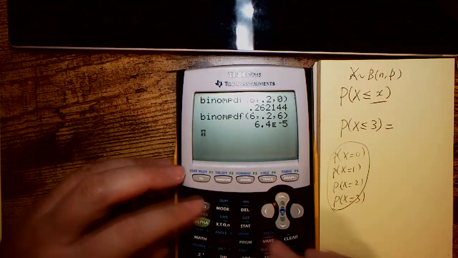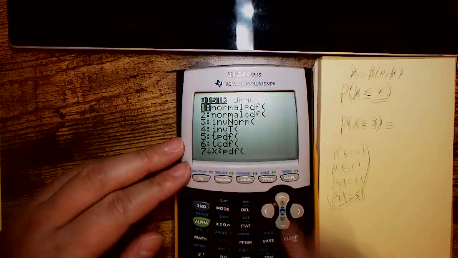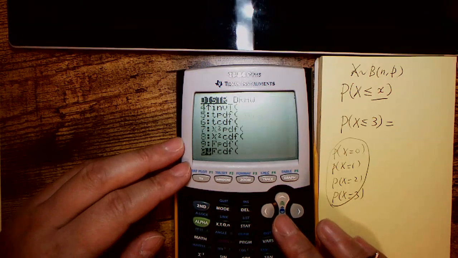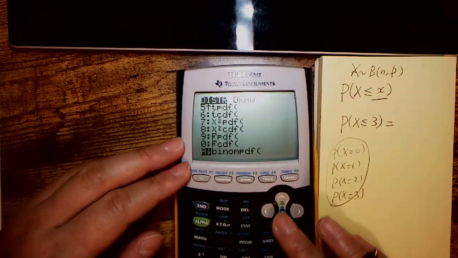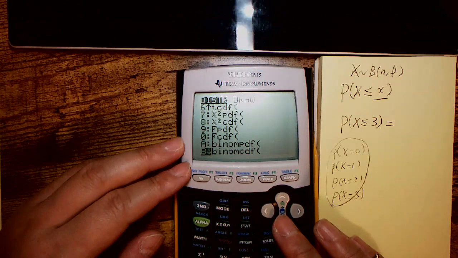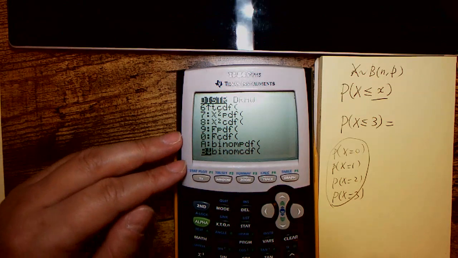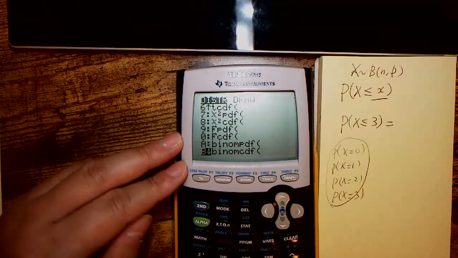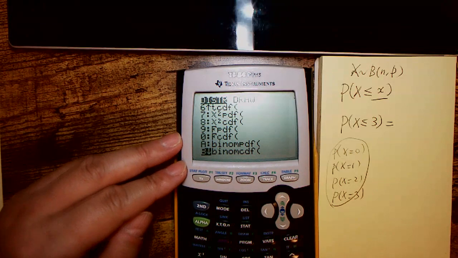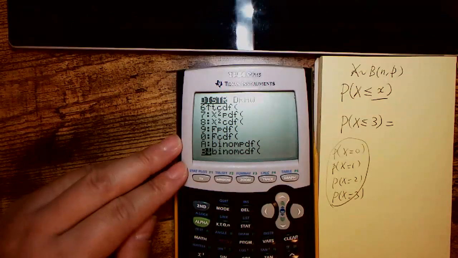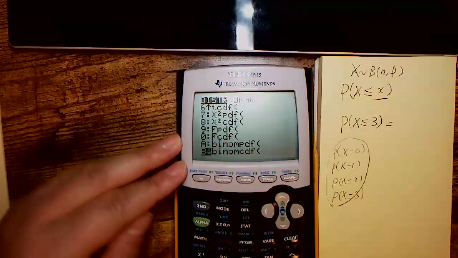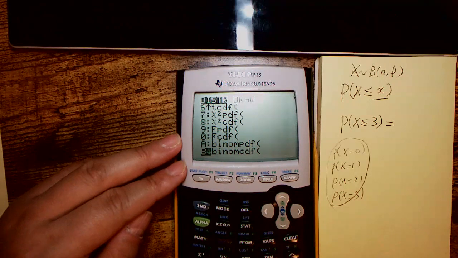Let's go to second vars again, and then go down to find binomial CDF, capital letter B. The C here means accumulating. You accumulate from 0 to 1 to 2 to 3.